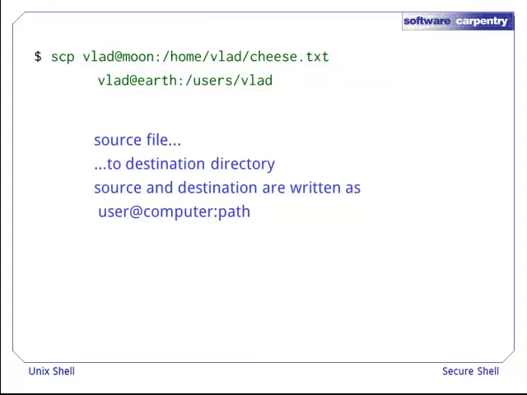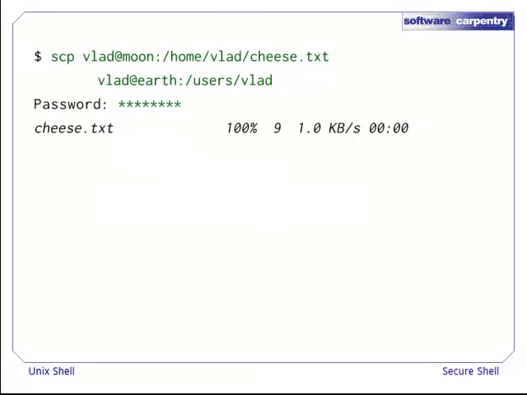When specifying the source and destination, we write the username, @, the name of the computer, then the path of the file or directory. If either the source or destination is on a remote computer, then we have to type the password for the user accounts that are being used to make the connection.